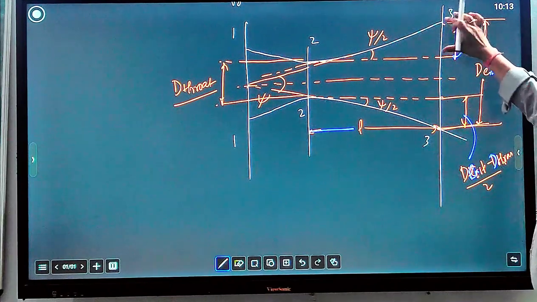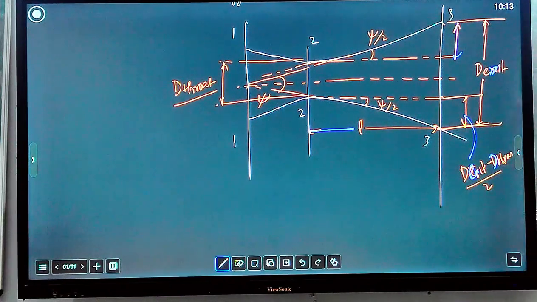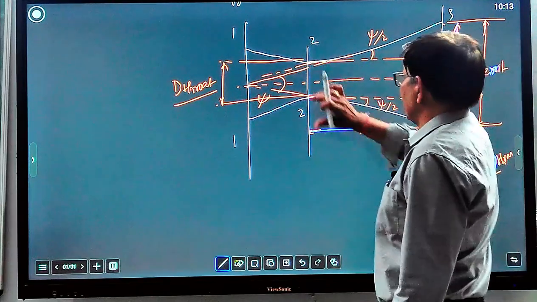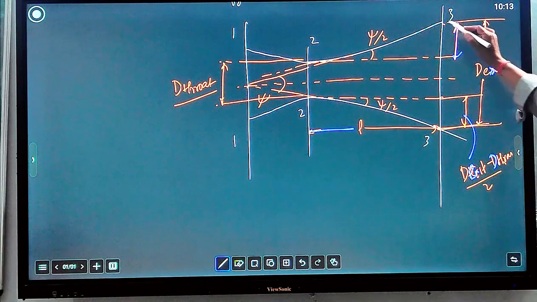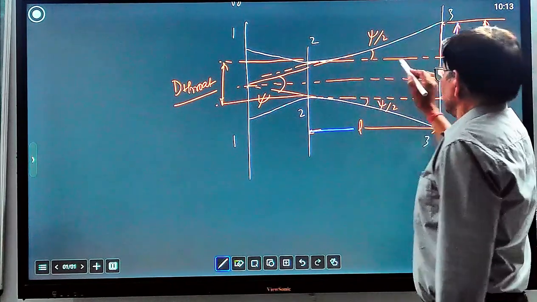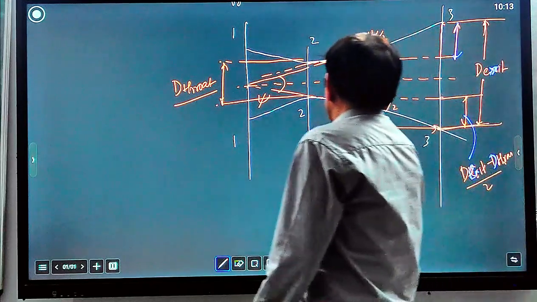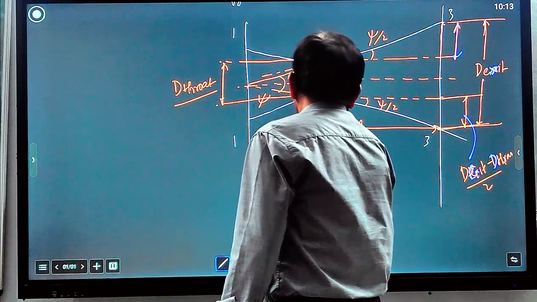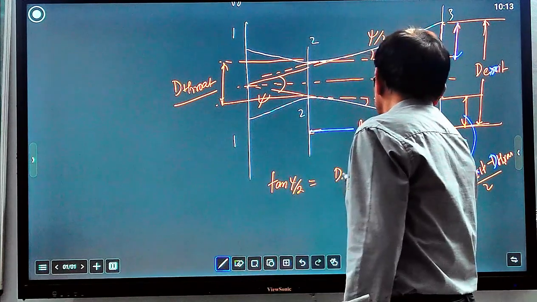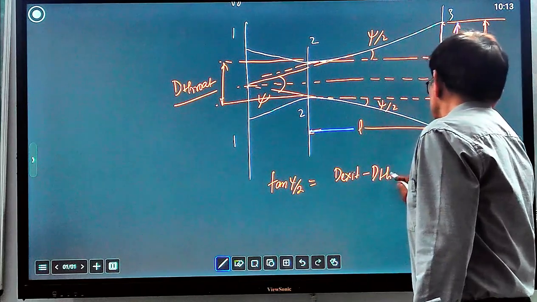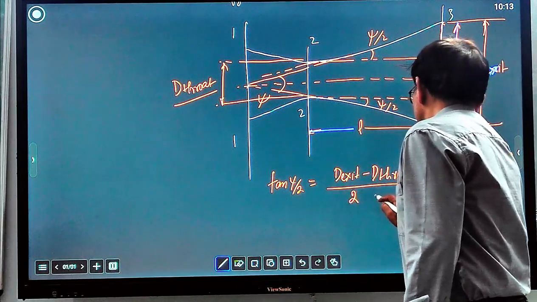So one part is equal to the exit diameter of the nozzle minus the throat diameter, upon 2. So this will be equal to (D exit minus D throat) upon 2, and this one is L. So tan psi by 2 equals (D exit minus D throat) by 2 upon L.